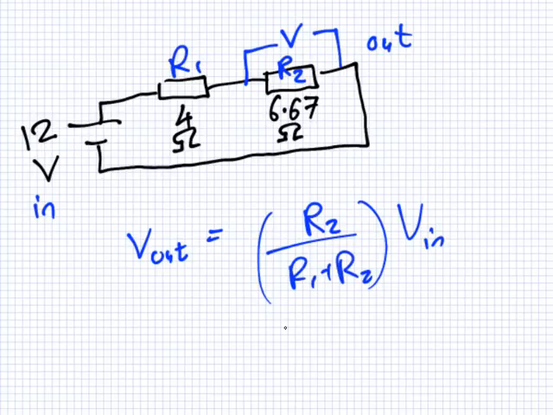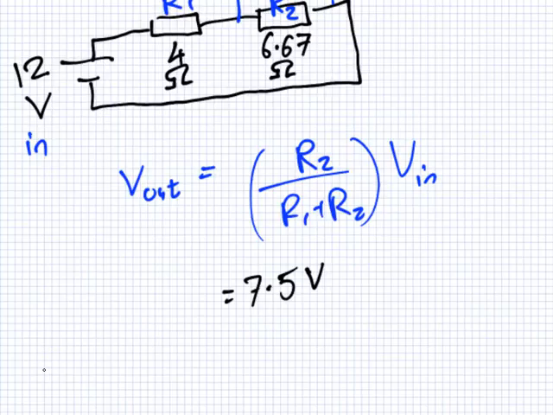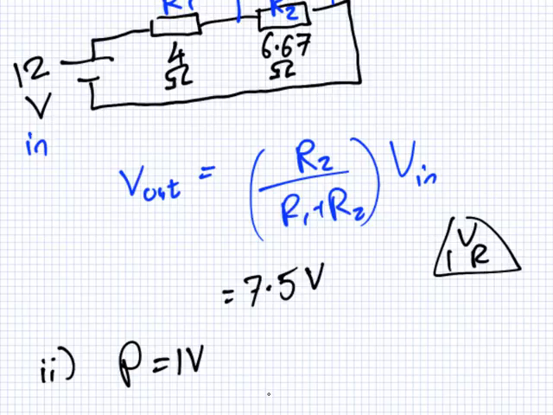So the answer is 7.5 volts. The next part is they want the power on the 20. So power equals IV. But the problem is we don't know the I, but we can change the I. The I is V over R, so it's V squared over R. Now, do we know the voltage on the 20?